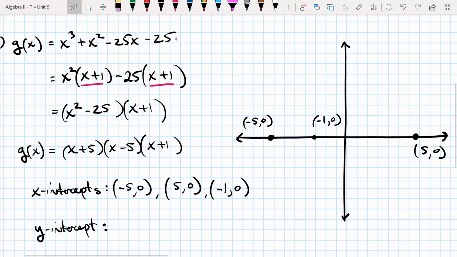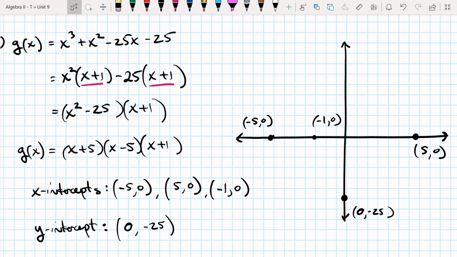That is going to be determined by the value of the function when x is equal to 0. If we have a polynomial function, all of the terms are going to have an x in them except this term, if it's there. And so if we plug in 0, everything becomes 0 except the negative 25. So the y-intercept here is 0, negative 25. So again, not drawn to scale, but it'll look something like that.